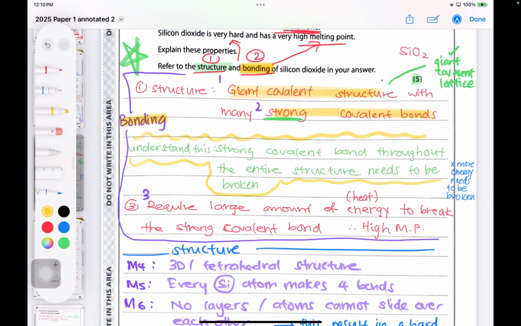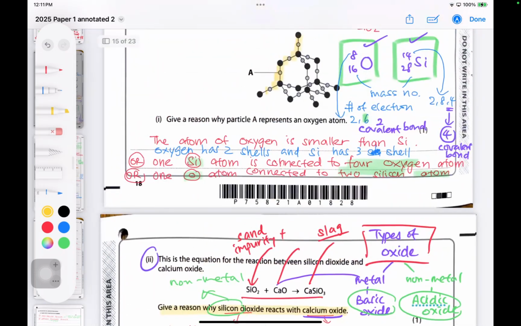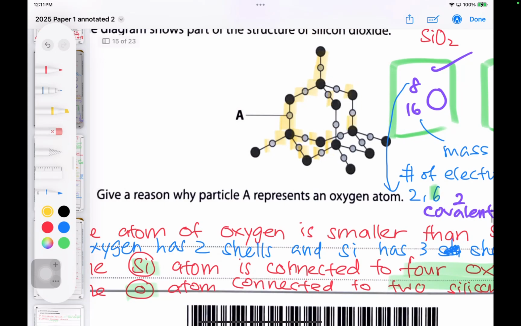So what if there are a lot of strong covalent bonds? Then in order for you to actually melt silicon dioxide, you need to break every single one of these yellow lines. You cannot break just 10 and expect the silicon dioxide to be in liquid state. You need to break every single one of them.